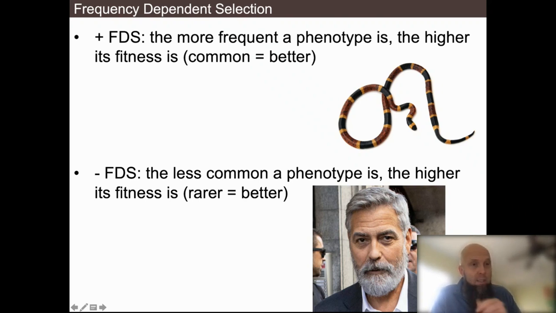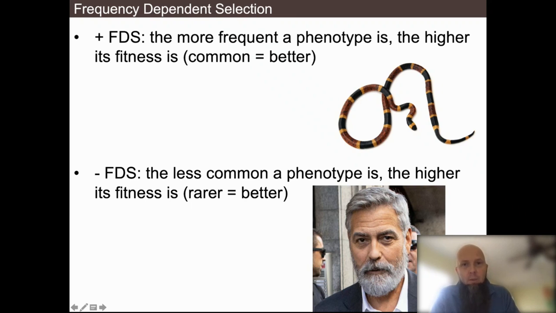It was interesting to note that in human populations, as the frequency of beards declines, then beards become cooler and potentially more attractive. And so then more and more men start growing beards because it's beneficial. But then when everybody has them, the more common it is, then it's not as beneficial.